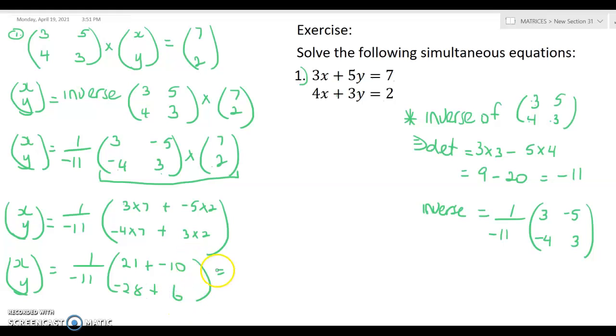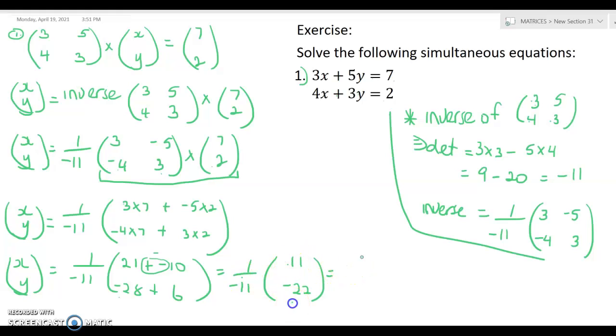Remember the plus and the minus gives you a minus, 21 minus 10 is 11, and then minus 28 plus 6 is minus 22. When we multiply by each number inside, 1 over minus 11 times 11, and 1 over minus 11 times minus 22, we will get minus 1 and positive 2. I skipped that step because by now you should know that. Any questions, send a message or comment down below, and I can always attend to your question.